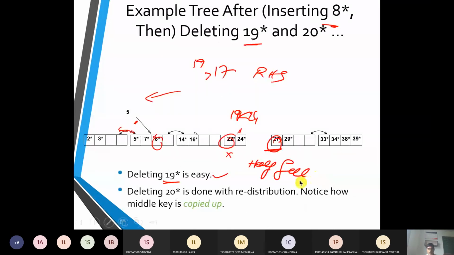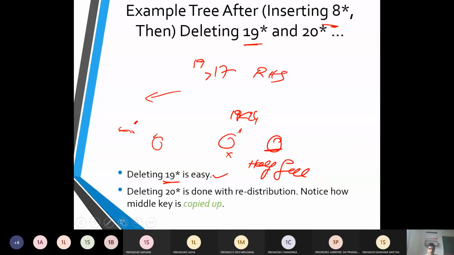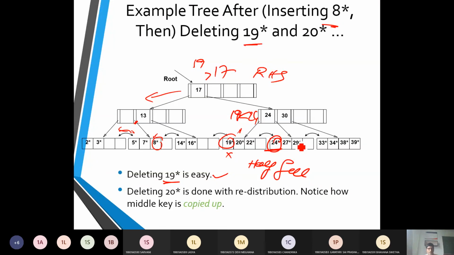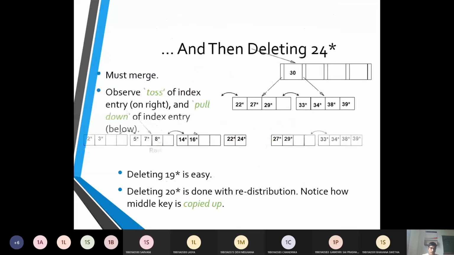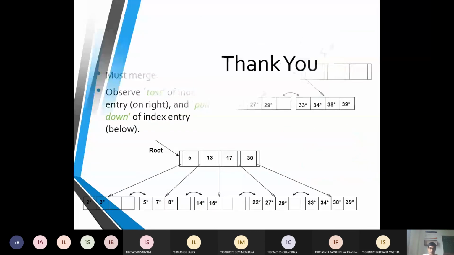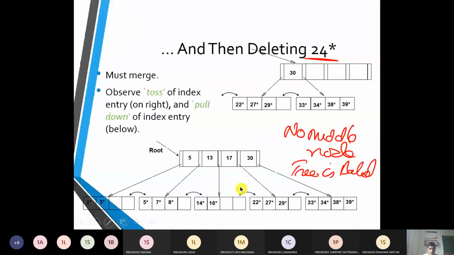Why no middle node? There is no middle node because we are going to see it is less than half full. So 30 has to be pushed into the system, and there is a vacancy for 13 also to move to this location. So that is the reason why we made this change, and we reshuffled and then constructed it.